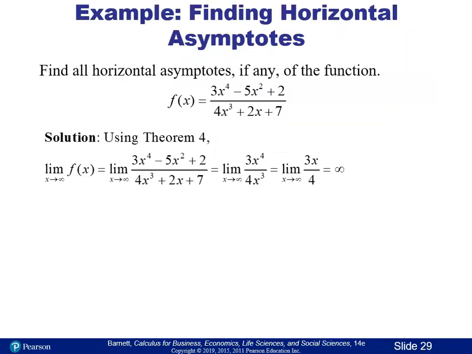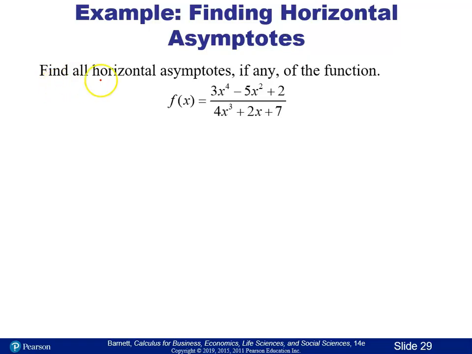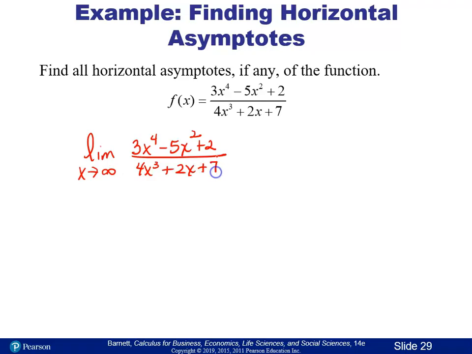So this one you're asked to find your horizontal asymptotes. I'm going to do the limit as x goes to infinity for 3x to the fourth minus 5x squared plus 2 over 4x to the third plus 2x plus 7.